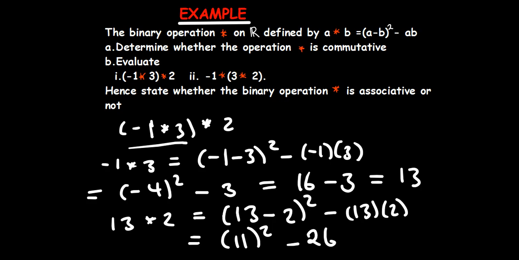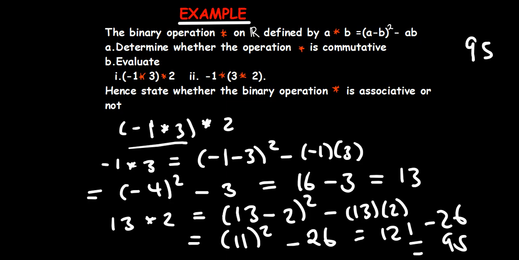Then 11 squared, I get 121. So I subtract there minus 26, then I'll get 95. So this here is going to give me 95. So let's keep the 95 because of the question that is following.